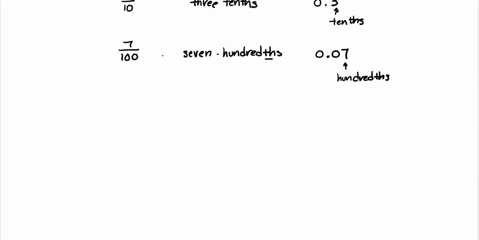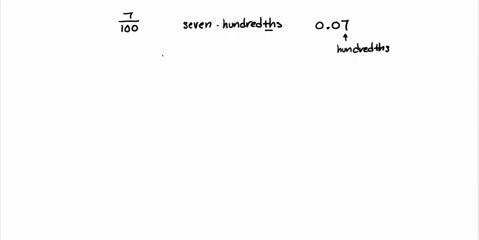Let's identify a couple of our place values. So say we're going to identify the underlined place value.